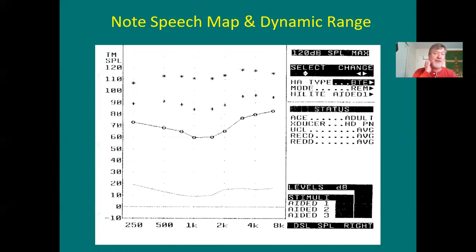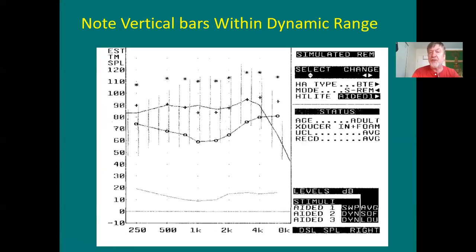At any rate, just for the fun of it, look at the pictures. Because now here's the hearing aid hitting target, pretty close. And then you'll see these weird vertical lines. Those weird vertical lines, you don't see that anymore. This is off of an old real ear system called the AudioScan, and it was called the RM500, an ancient machine.